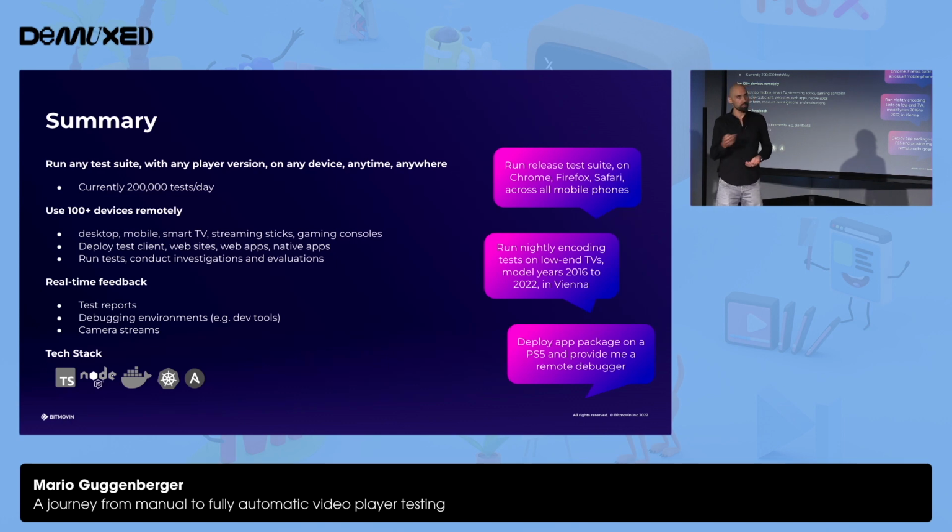But besides tests, we can start or deploy any website, web app or native app, and conduct investigations and evaluations remotely on these devices, which greatly reduces the barriers for our engineers. And every device is basically available at the press of a button and almost works like a local device.